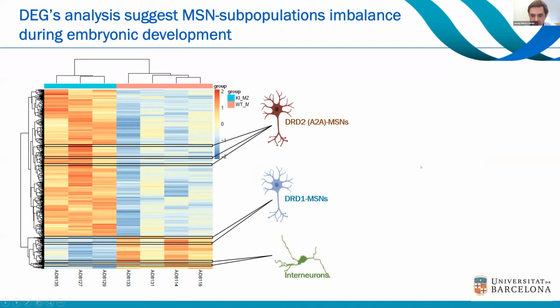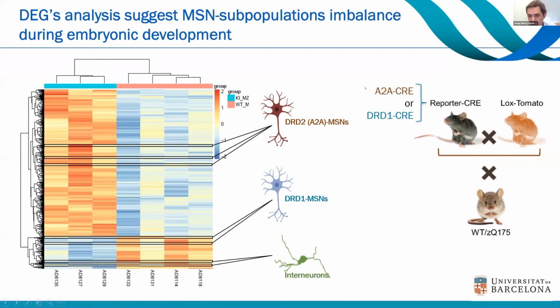To further examine that, we have used two reporter animals, one that expressed tdTomato under the control of the A2A promoter, and another that expressed tdTomato under the control of the DRD1 promoter. And we cross-mated these animals with our Huntington disease mouse model.